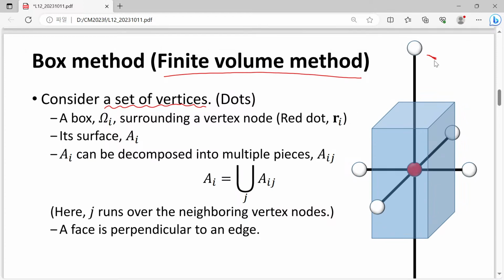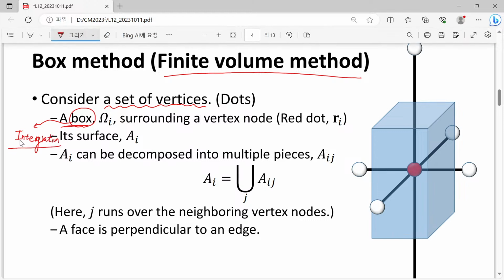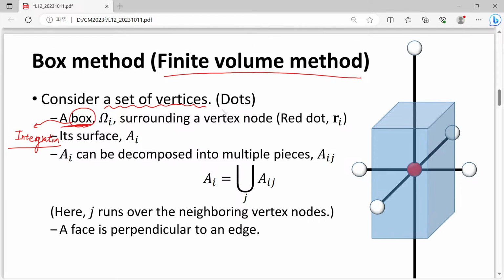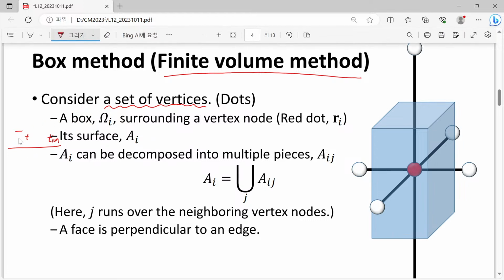Then from those given points, we want to build a box. Everybody now understands this box will be used later for our integration. Our integration will be performed over this box. Of course, there are many different dots or vertices in the entire device domain. So we have to consider a box centered at a given node.